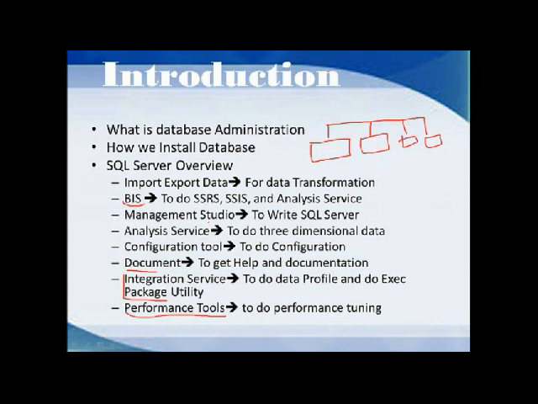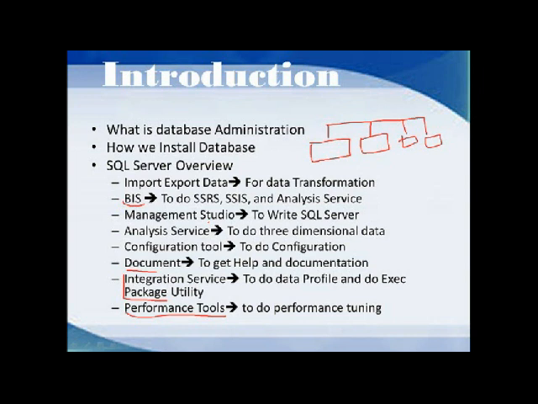Configuration tool is a tool useful to configure. That means to stop and start services, and also to make other configuration, like SSRS can be configured through that. Documentation is a help file by which we can get help, and integration service is, as I mentioned earlier, a mechanism by which you can exchange data, convert data types, and even run SQL Server reporting service from integration service.